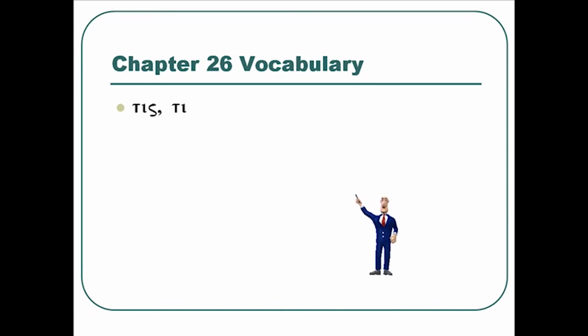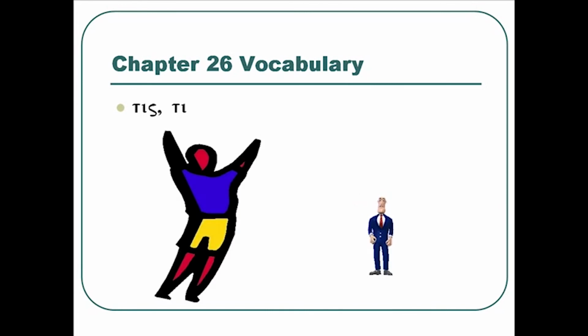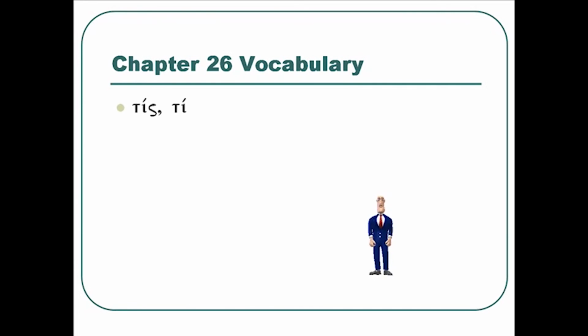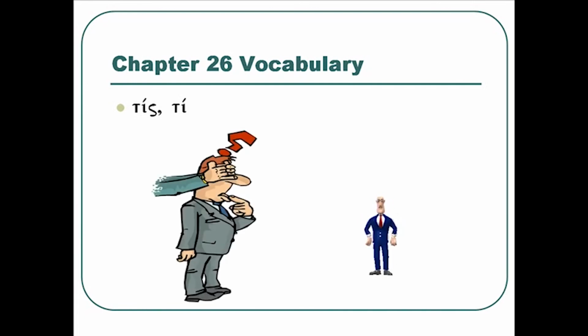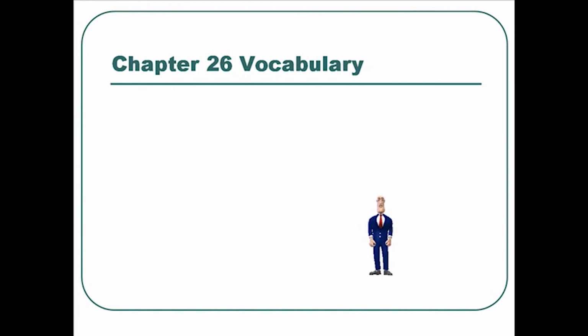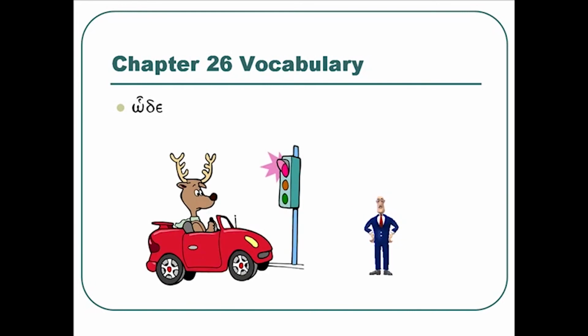The eighth word is tis, and it means someone or something. The ninth word is tis with the accent, and it's the interrogative who, which, or what. And the 10th word is hode, and it means here or hither.